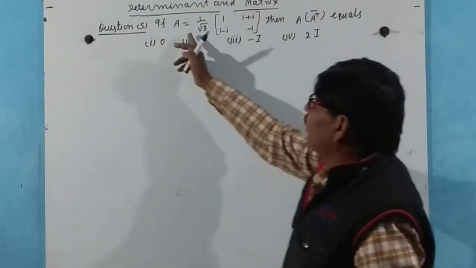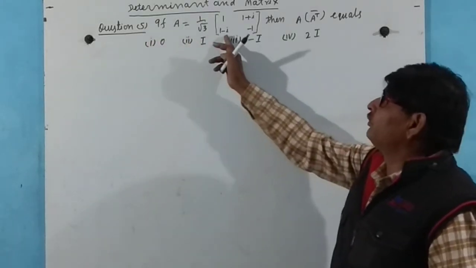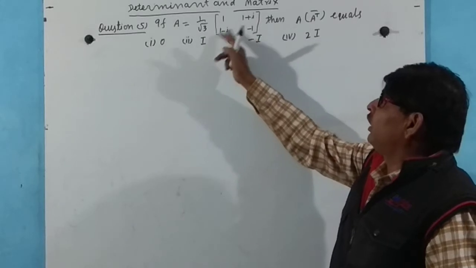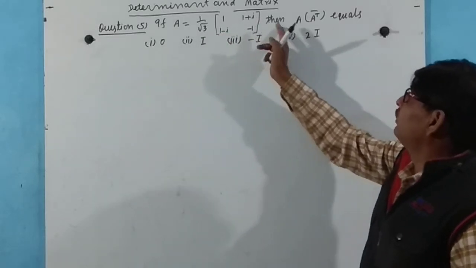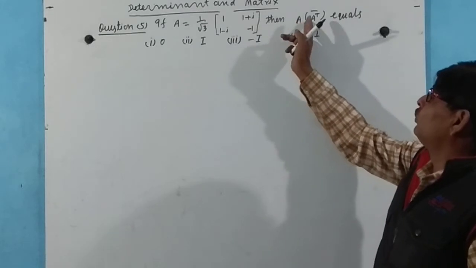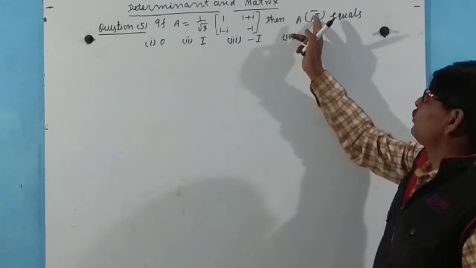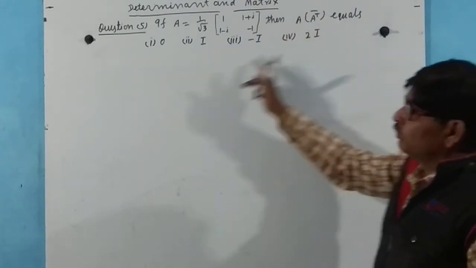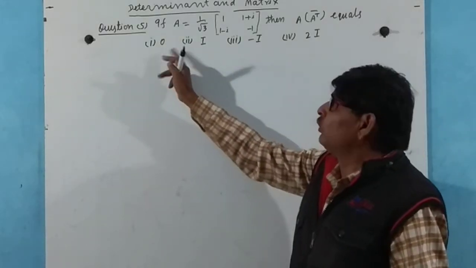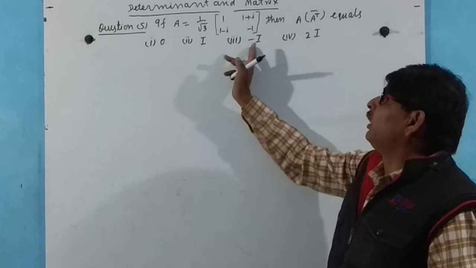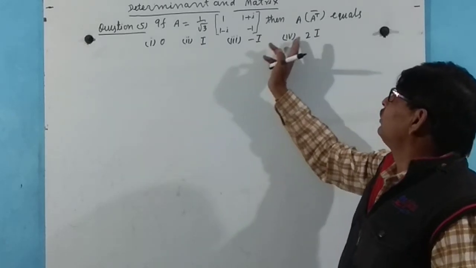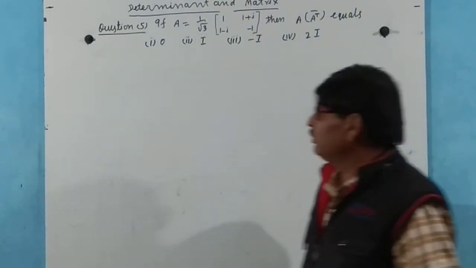If A equals 1 by root 3 times the matrix [1+i, 1-i; -1], then matrix A into the conjugate of the transpose of matrix A equals: first row 0, second i, third -i, fourth 2i.